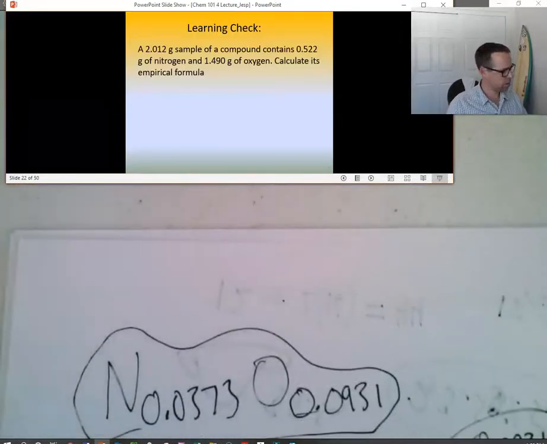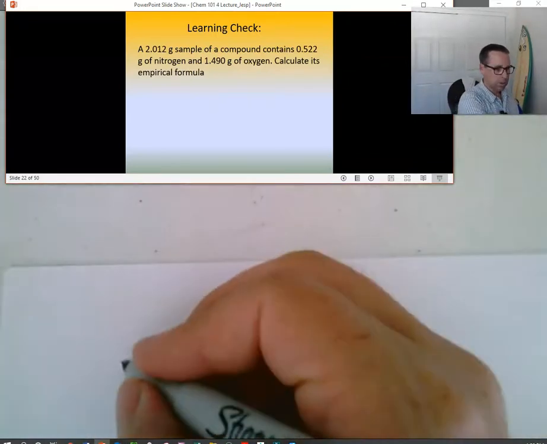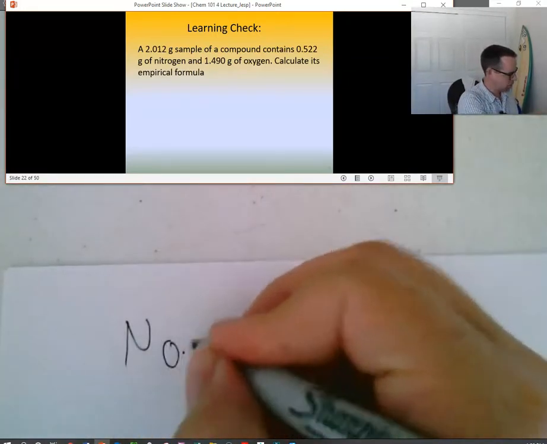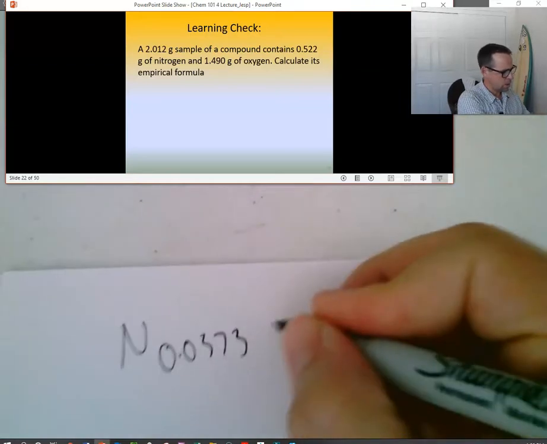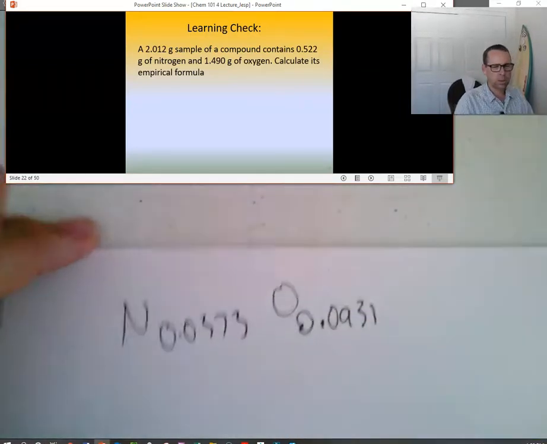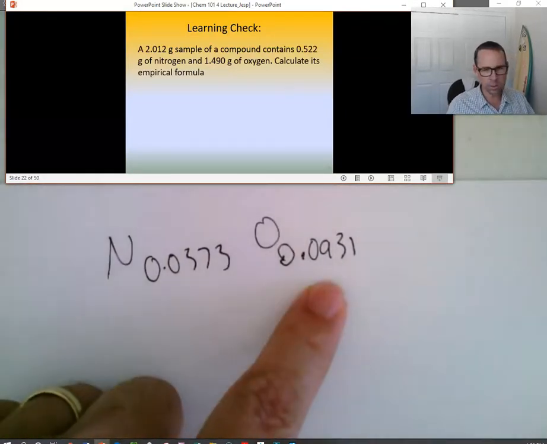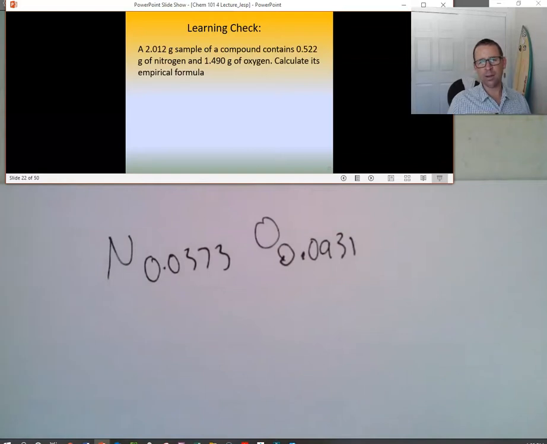All right, so now I have nitrogen, 0.0373, oxygen, 0.0931. Now, how are we going to get closer to the empirical formula? These are moles, but why is it not quite the empirical formula?